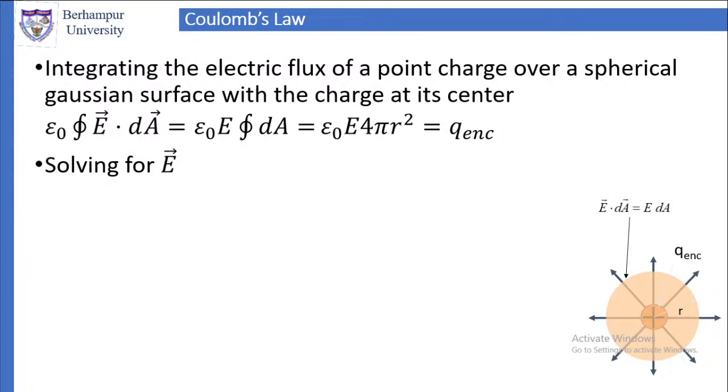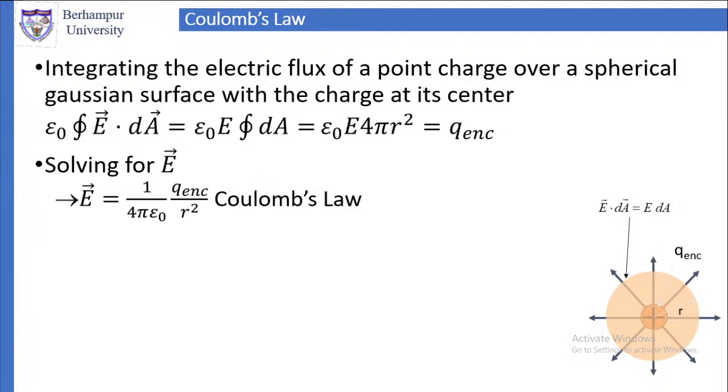Therefore, epsilon 0 into E into 4 pi r square is the flux, and that is equal to Q enclosed. So from Gauss law we get epsilon 0 E 4 pi r square is equal to Q enclosed.